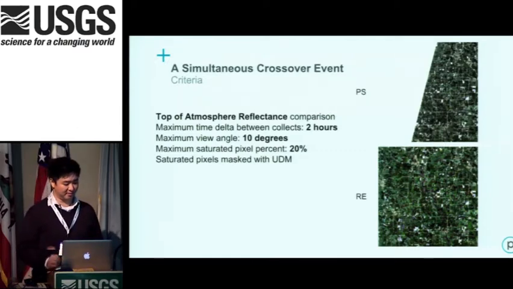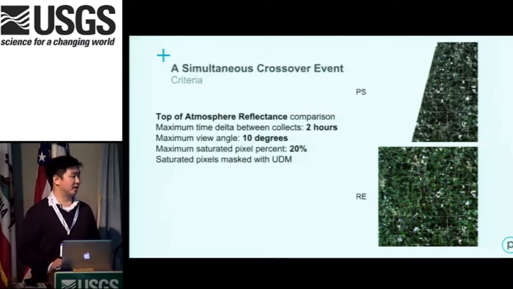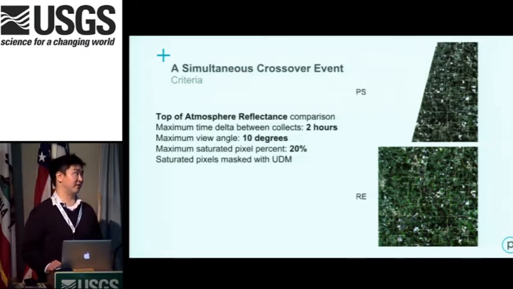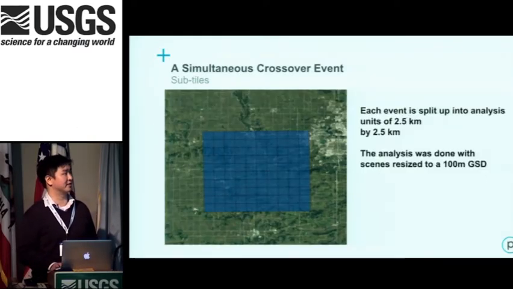Since RapidEye can vary its view angle, we try to minimize the effect of that by only selecting scenes which have a view angle of less than 10 degrees. We do have some quality filters on the pixels, but we didn't filter for clouds or cloud shadows. So the data is slightly messy, but we hope that there's enough data that we can get the trends.